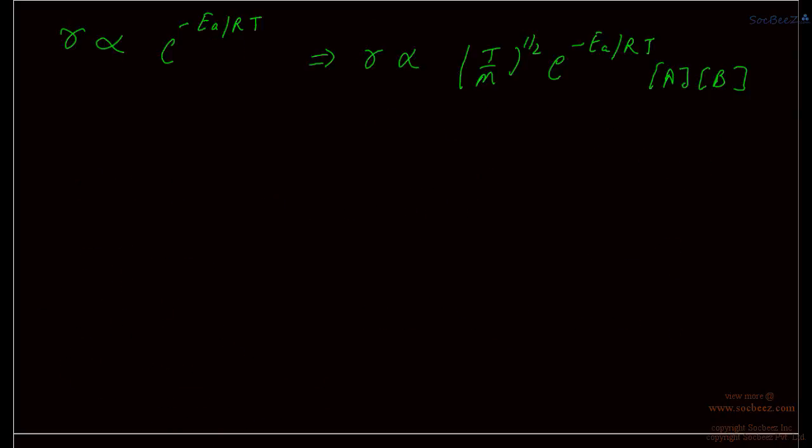So suppose 100 collisions are taking place, then not all the collisions will have proper orientation. We know this. Therefore there is a factor known as P, which signifies that not all the collisions are effective, only a fraction of collisions is effective. Therefore this accounts for effective collision.